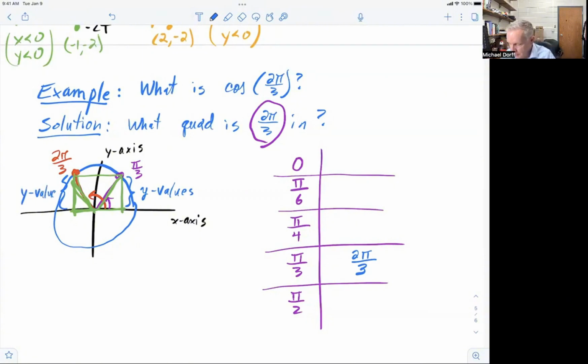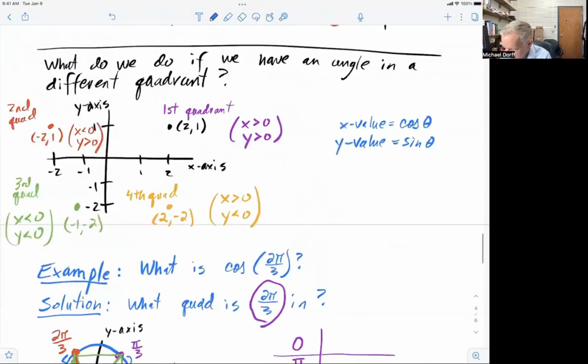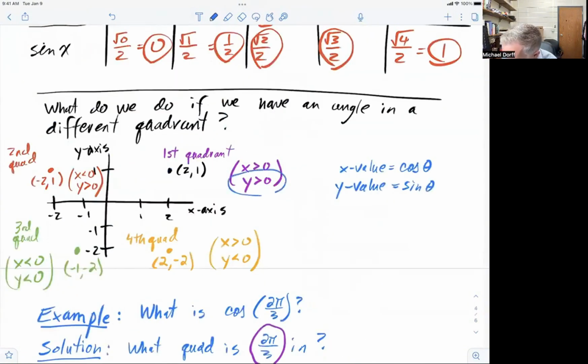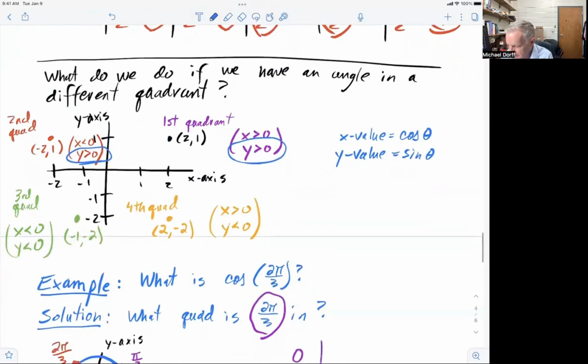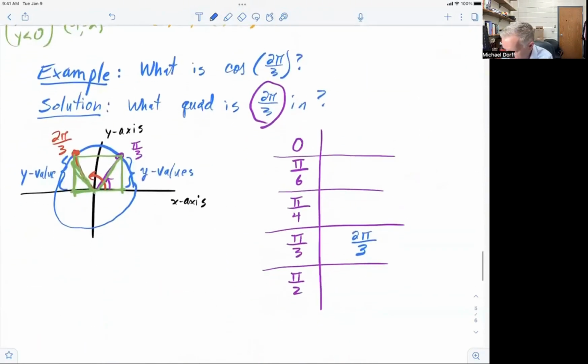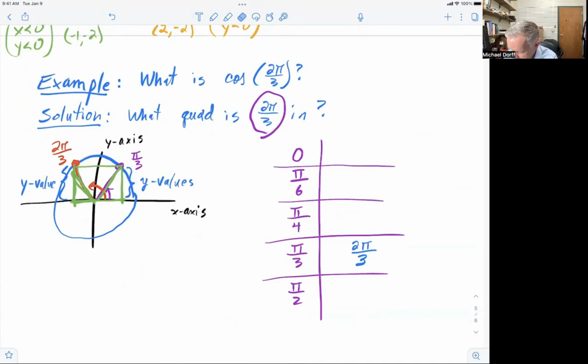And in the second quadrant and the first quadrant, y is always positive. So those are positive y values. The y value is the sine. So the sine of pi over 3 is going to equal the sine of 2 pi over 3. They both have the same height, right? There's the height of pi over 3, there's the height of 2 pi over 3.